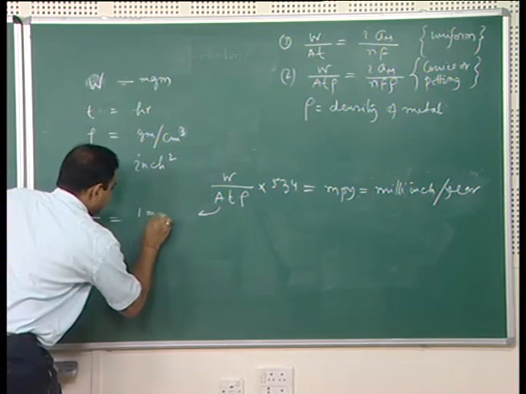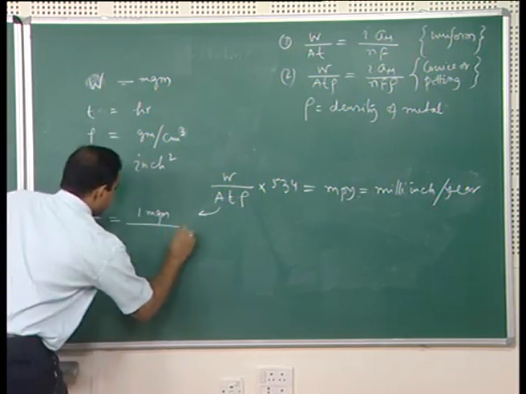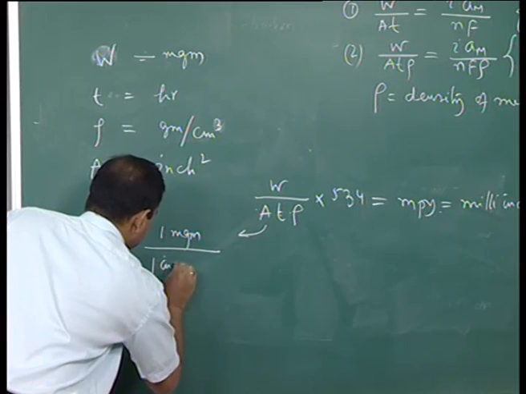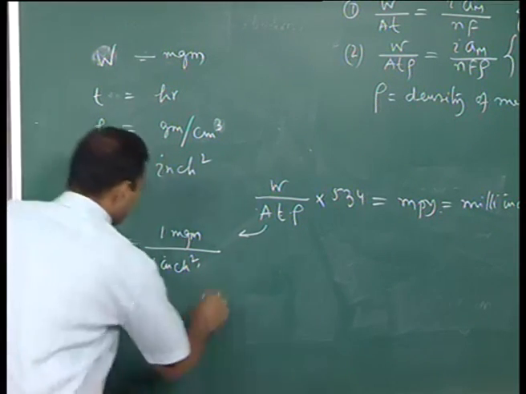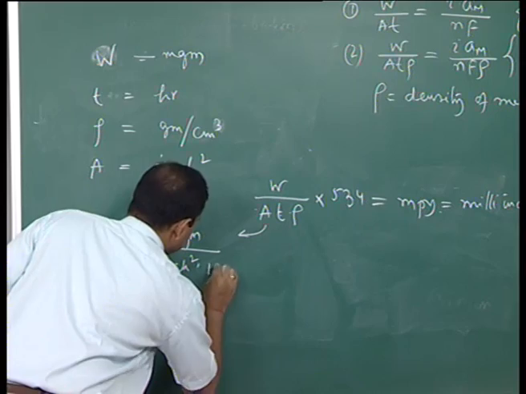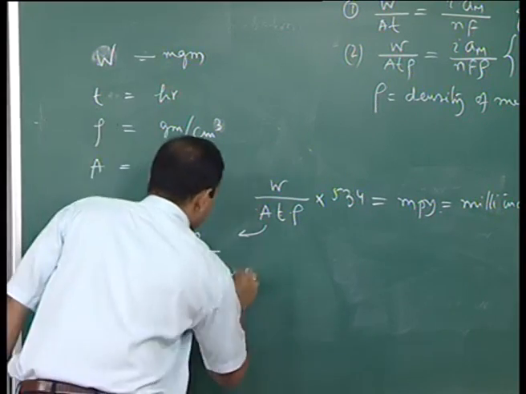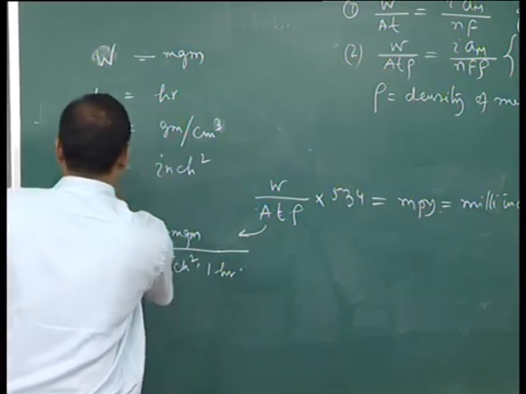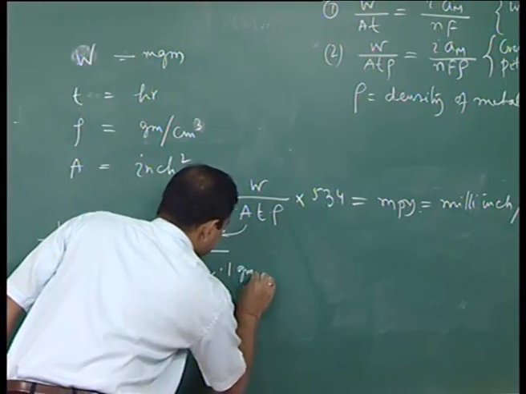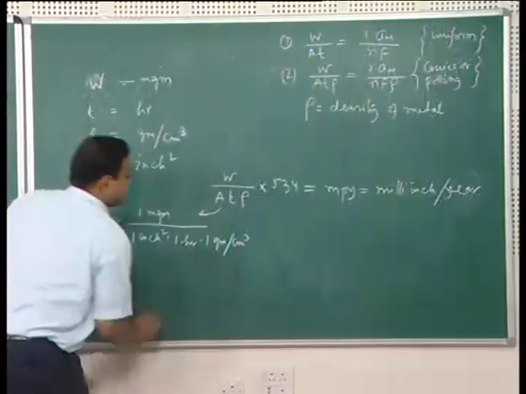This is 1 milligram, this is 1 inch square into 1 hour into 1 gram per centimeter cube.